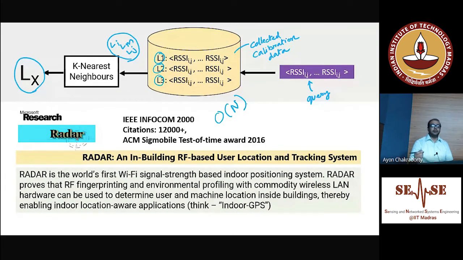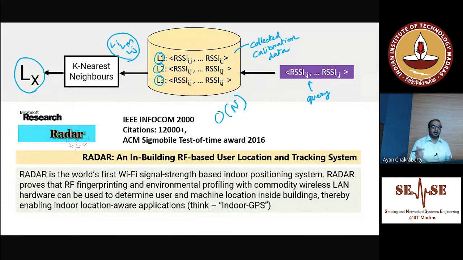For every query from multiple devices, think about the amount of time it is going to take. The number of features, ideally for a very large region, is going to be several thousands of data points, and this is multidimensional. It is not just one RSSI. You might have like 30 RSSI values.